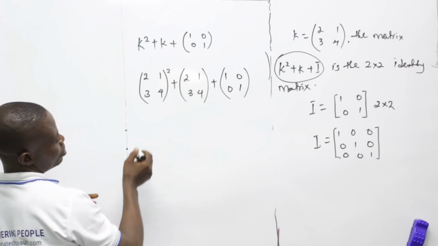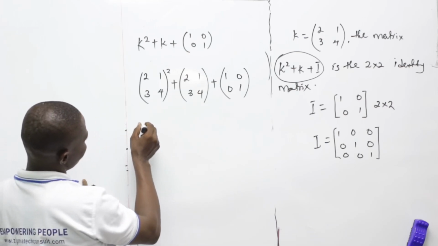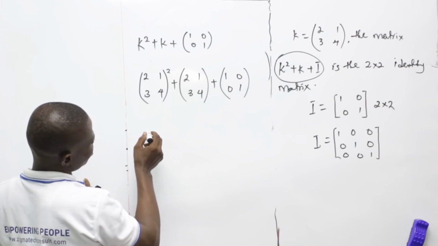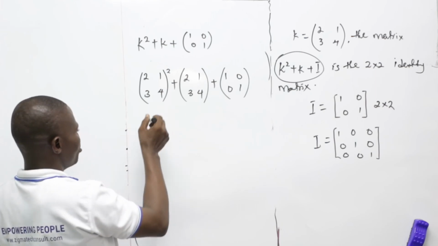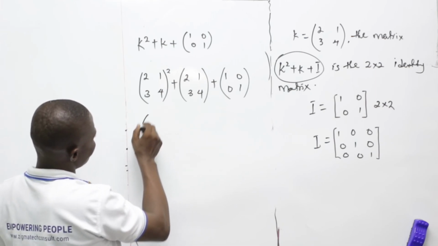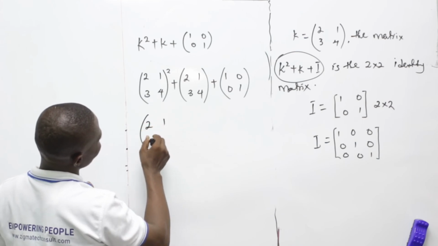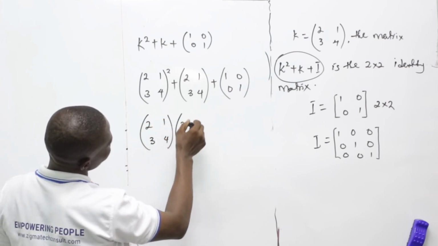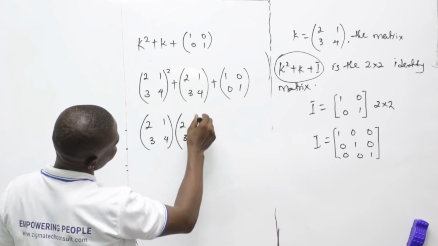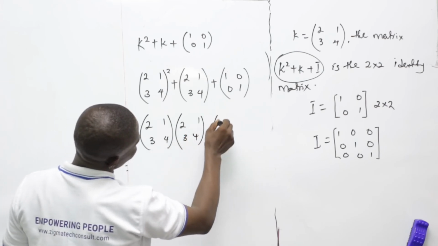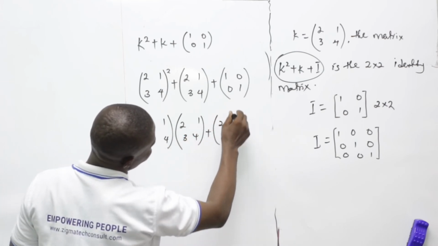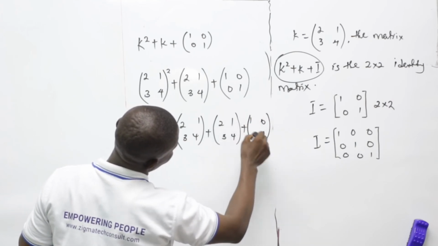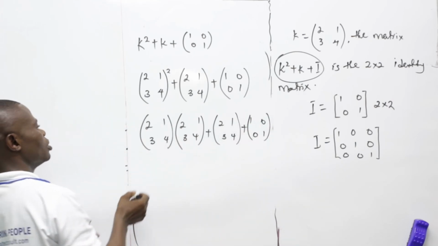So what do you have now? The square here must lead us to multiplication of matrix, though we've not started that, but later we'll talk about it. This is 2, 1, 3, 4 into 2, 1, 3, 4 plus 2, 1, 3, 4 plus 1, 0, 0, 1, the 2 by 2 identity matrix.